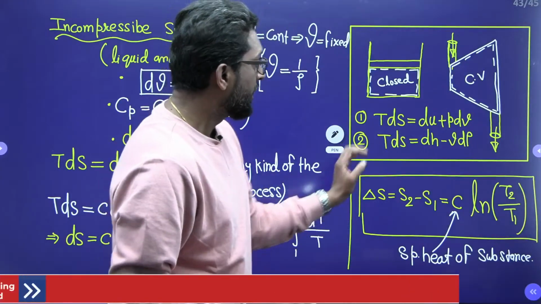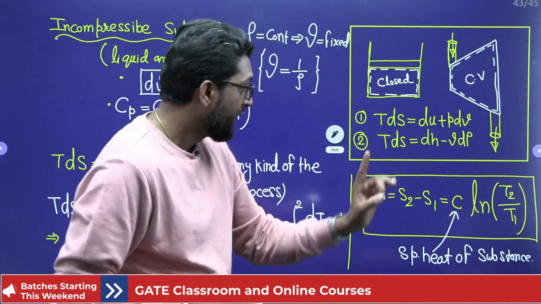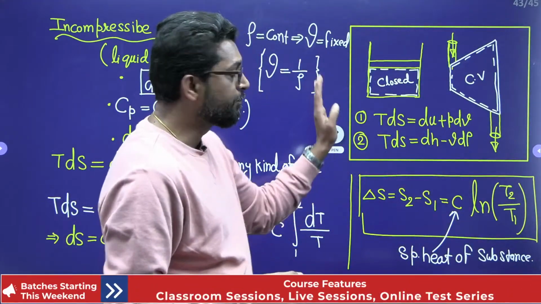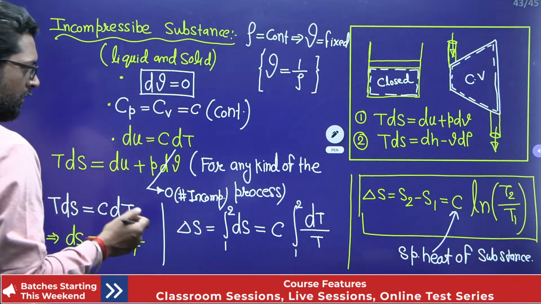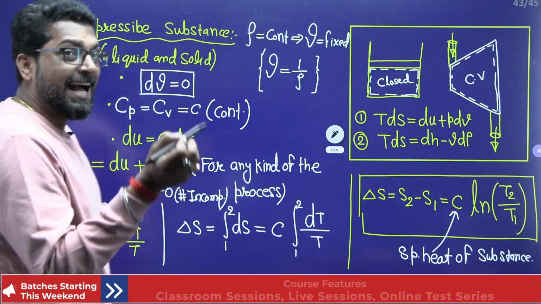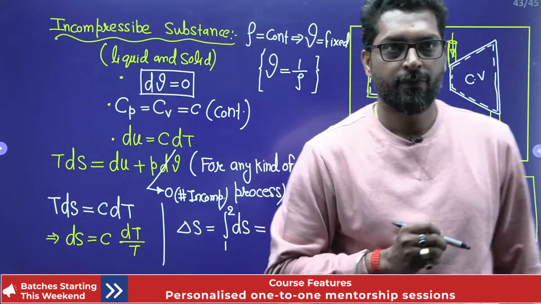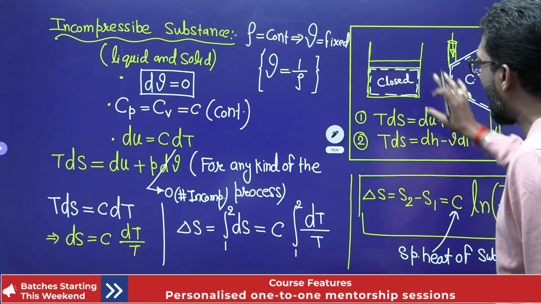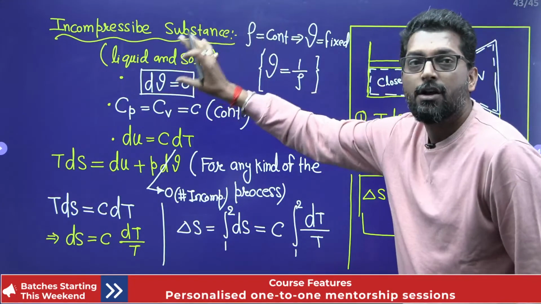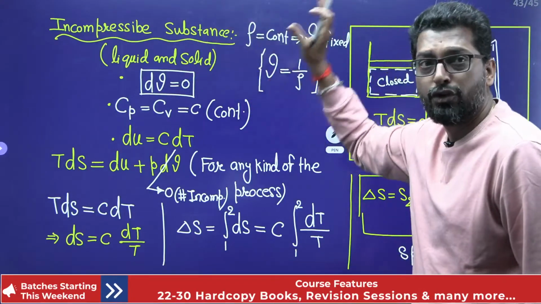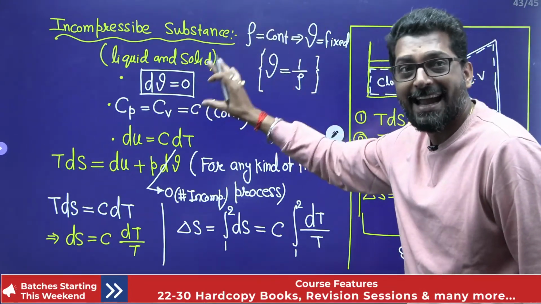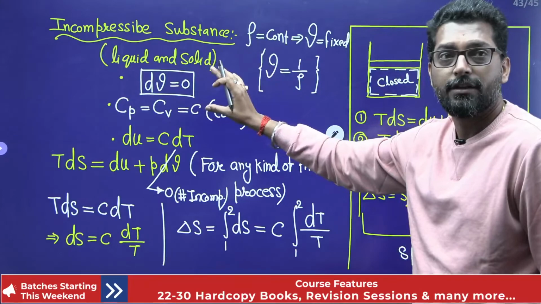See my dear, if we take the process, this is very important. Now we take the isentropic process. For the incompressible substance, if you are doing an activity like that, its entropy never changes.